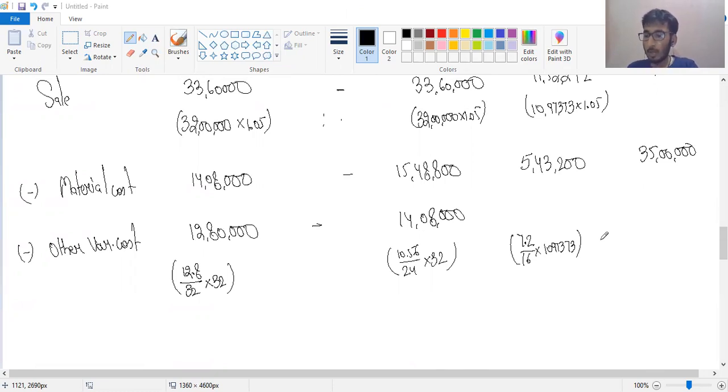It would be 493818. So calculate 12 lakh 80,000 plus 1408 plus 493818. It is 3181818.